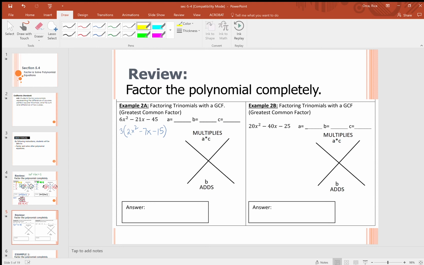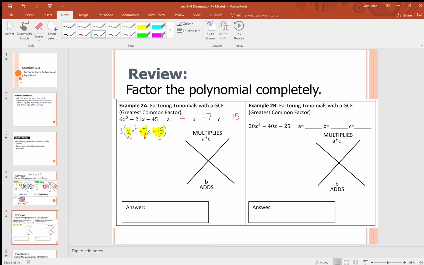Once you've pulled out the GCF, then you can identify your new a, b, and c values. A is 2, b is negative 7, and c is negative 15.